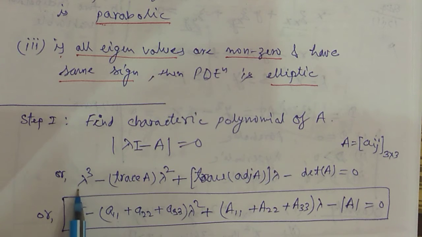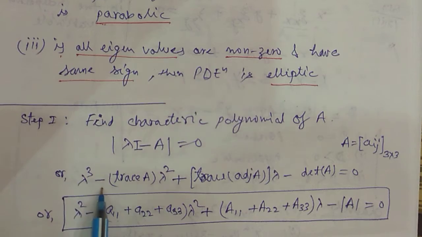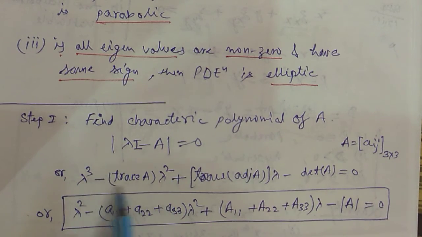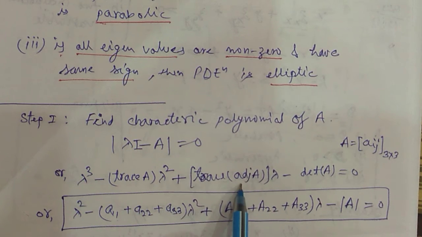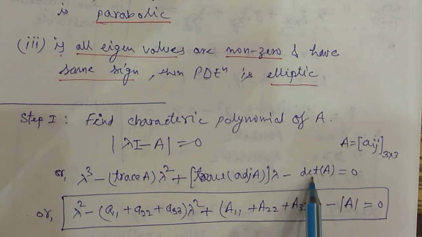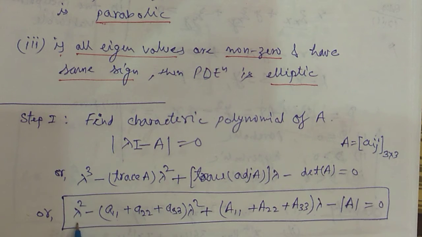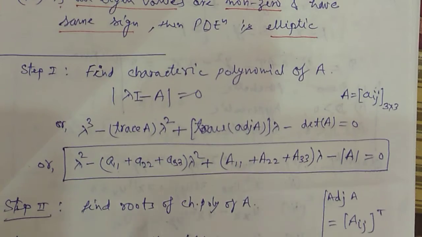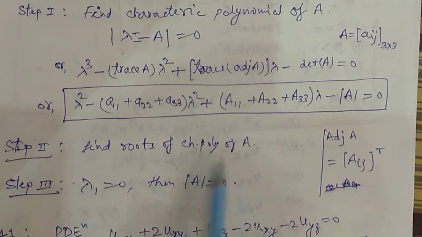For a third order matrix, we write the characteristic polynomial as lambda cube minus trace A times lambda square, plus trace of adjoint of A times lambda, minus determinant of A. Here the trace is the sum of all diagonal elements of the matrix, and this is the sum of all diagonal elements of the adjoint of A, and minus the determinant. So we find the roots of the characteristic polynomial of A.